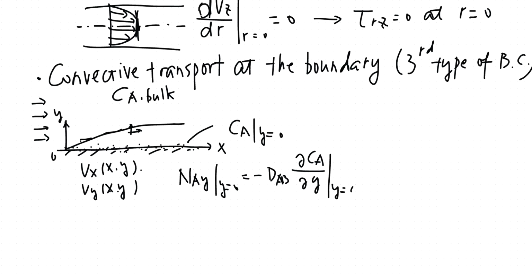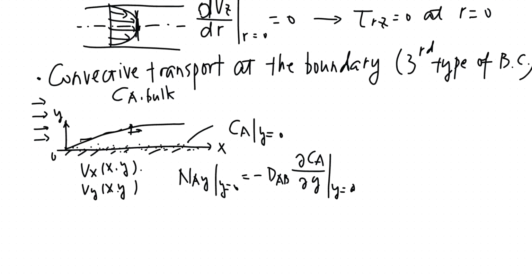You don't have convection there. But once you are away from the plate, even a tiny bit away, you can expect convection to happen, and that will contribute to the transport from the surface to the bulk.